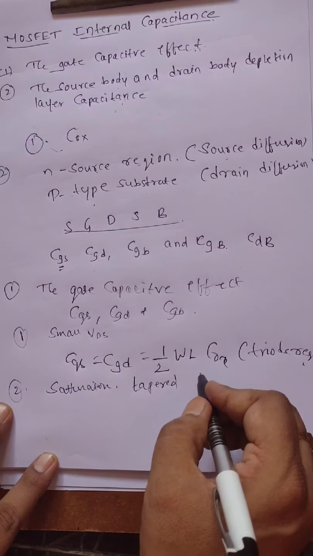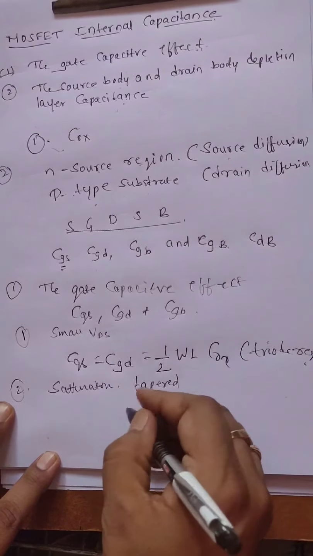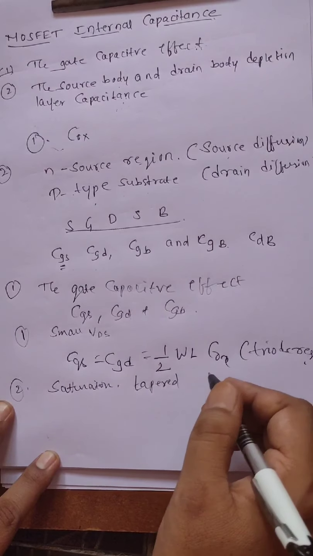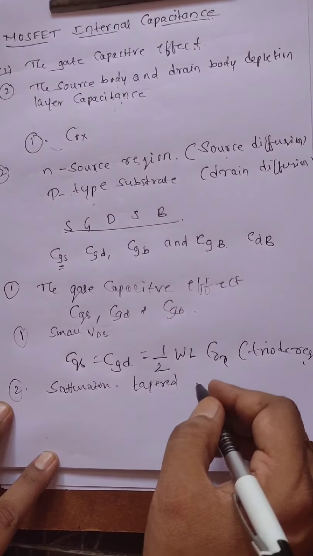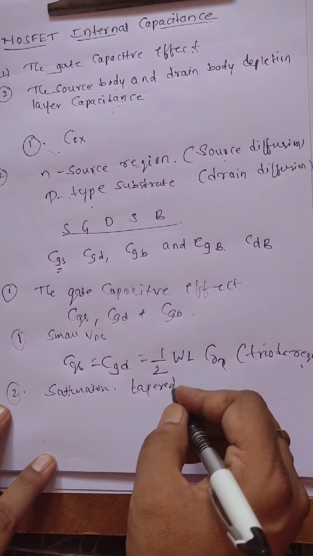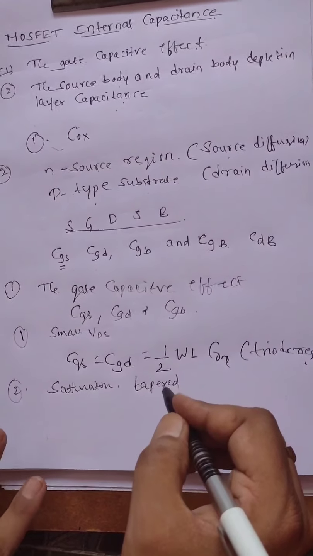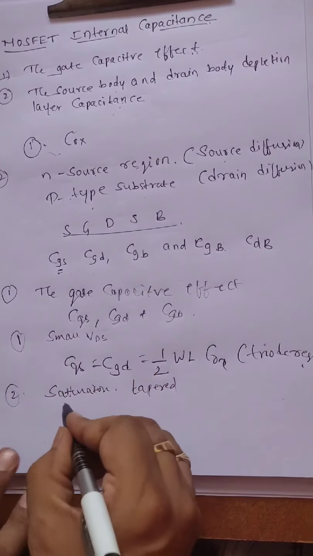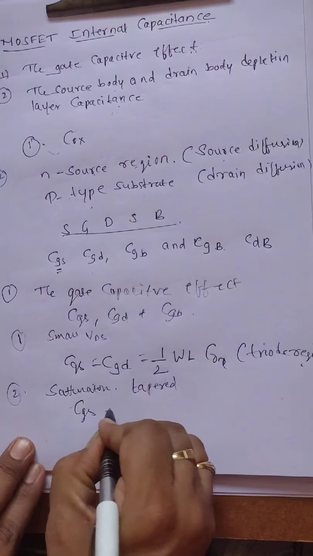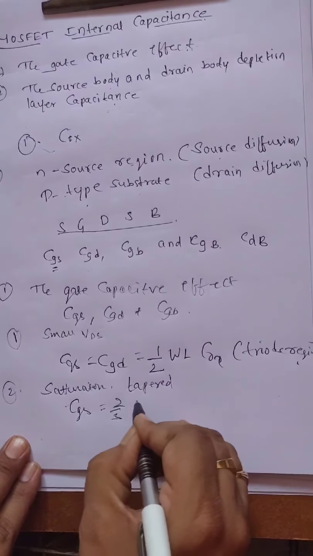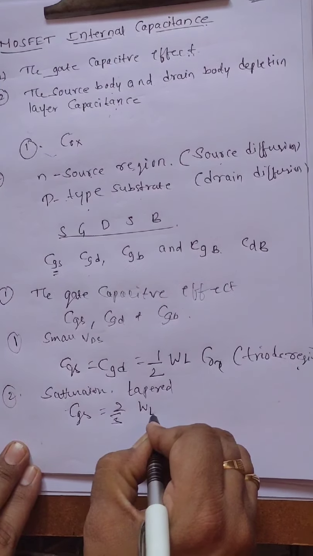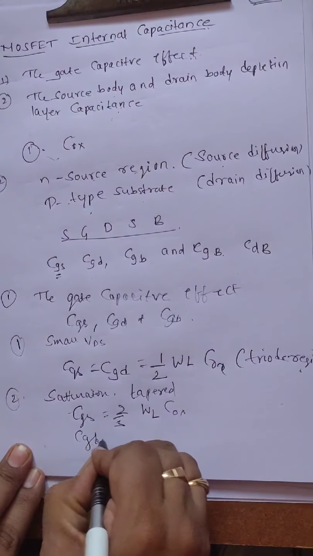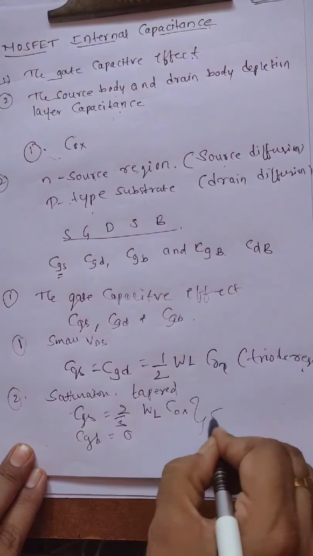The gate to channel capacitance in this case is approximately 2/3 of WLCOX and can be modeled by assigning this entire amount to the gate source capacitance and zero to CGD. Therefore, the gate source capacitance value will be 2/3 WLCOX, and CGD is equal to 0 for the saturation region.